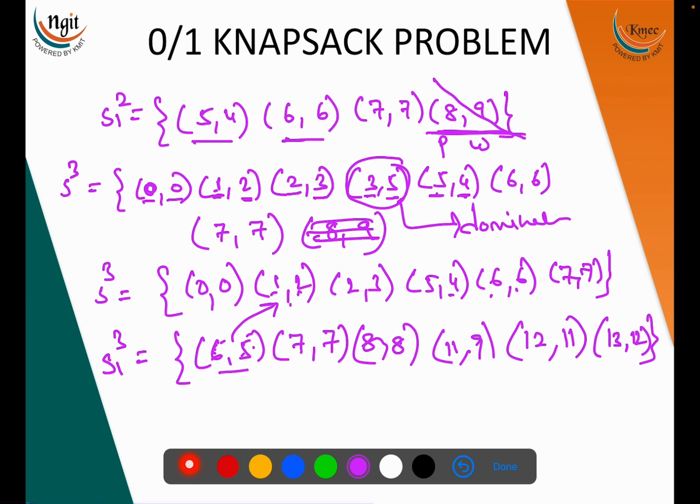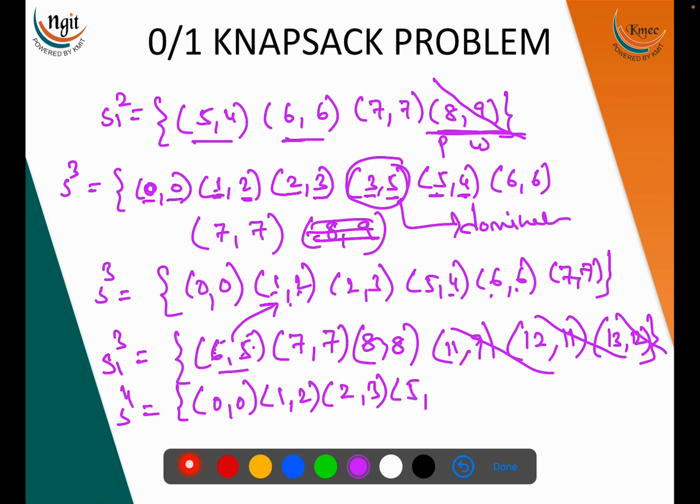Now very interestingly, whichever item is going beyond the bag capacity, that all will get cancelled, we will not take those values. So finally our S4 set is what? Our S4 set is equal to (0,0), (1,2), (2,3), (5,4), and look at this.